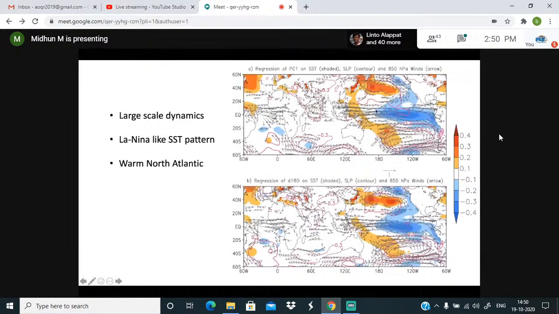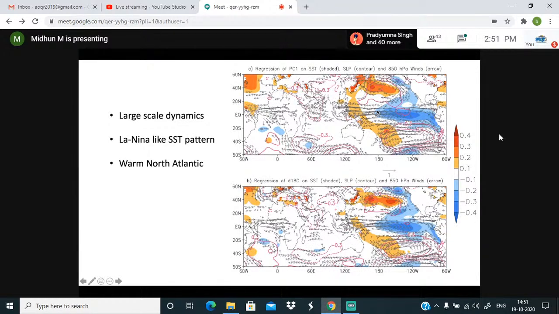You can see the SST is showing a La Nina-like pattern, a cooling in the entire Pacific, and you get a warming pattern in the extratropics in the Pacific, as well as in some part of the Atlantic. The regression with pressure shows a high pressure anomaly in the entire Pacific region and a low pressure anomaly over this region.